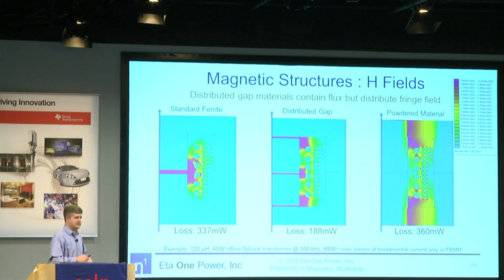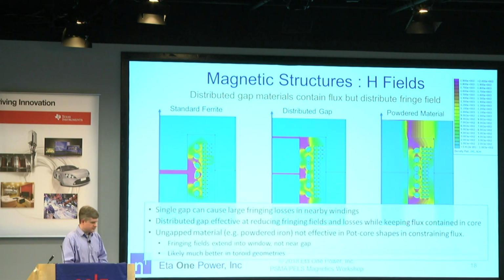What happens is we have a mu of 8 because we have no gap, and that low mu, compared to these which are like 1,000 or 2,000, means it doesn't really hold on to the flux anymore. It doesn't constrain the flux within the core. So a bunch of flux just goes through the whole core. If you have good eyes, it actually extends away from the core too. So you get a lot more EMI with this. And you actually have higher losses than you start with. So this is not a good case.